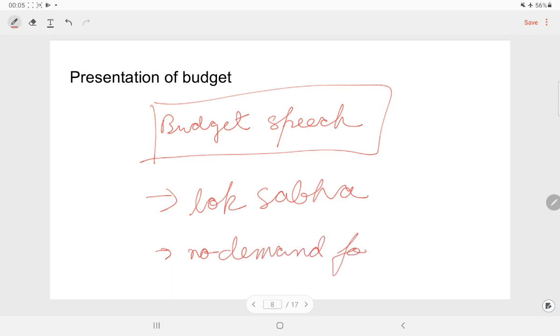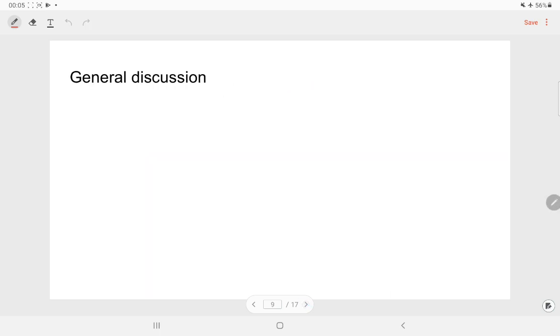This is just a monologue, which was delivered by our finance minister recently, Nirmala Sitharaman, and she presented the budget. After the presentation, there is a general discussion on the budget, which begins a few days after its presentation, and this takes place in both houses. So it could be a question whether general discussion happens only in Rajya Sabha or only in Lok Sabha.